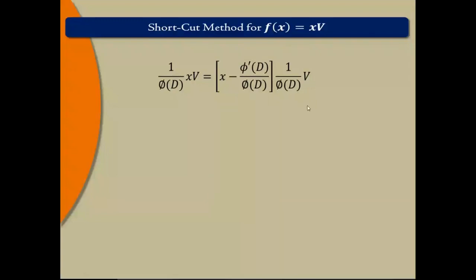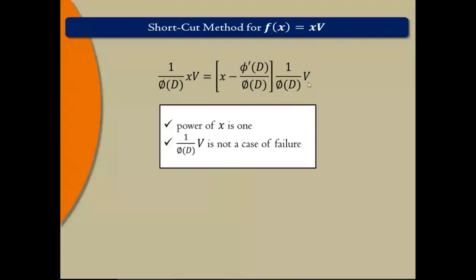Actually, there are some limitations for using this method. Now, what are the limitations? In the total function, the power of x must be 1. Because suppose you have x square into sine, then we can write x square as x into x sine, but in that case the total power of x in the term is not 1, so we cannot write it in that form.